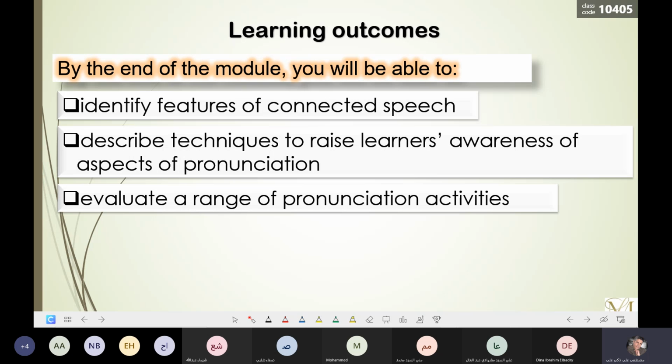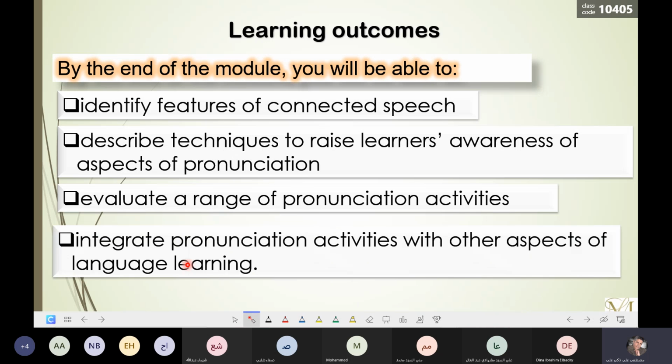And also evaluate a range of pronunciation activities. Because we as teachers of English agree that pronunciation matters. It's very important. But when it comes to teaching pronunciation, we need to learn about the activities that could be applied and effective in helping teachers teaching pronunciation or helping learners to learn about English pronunciation.